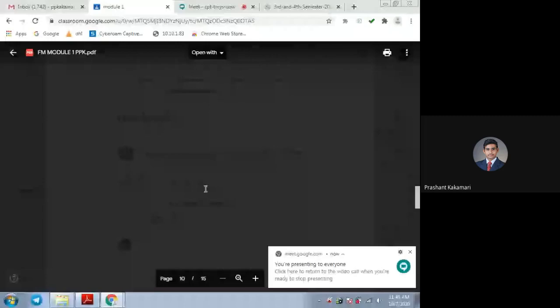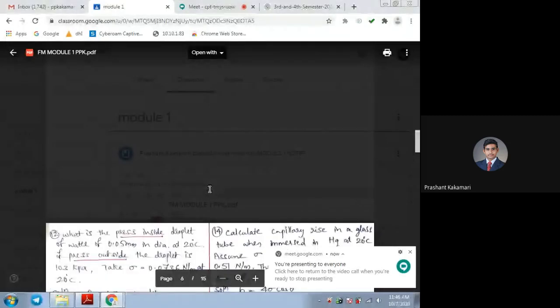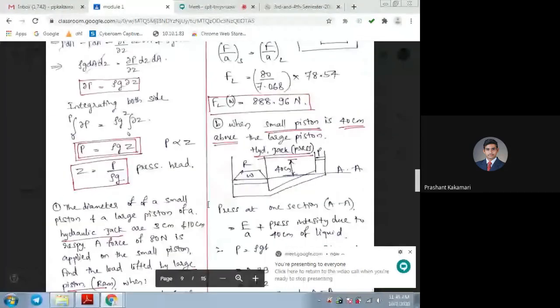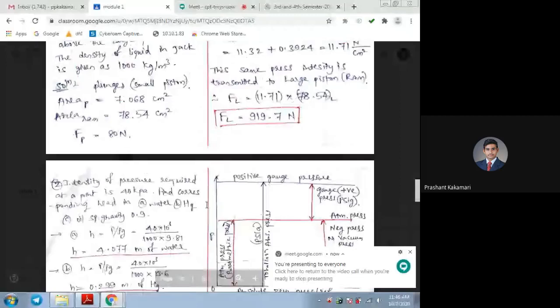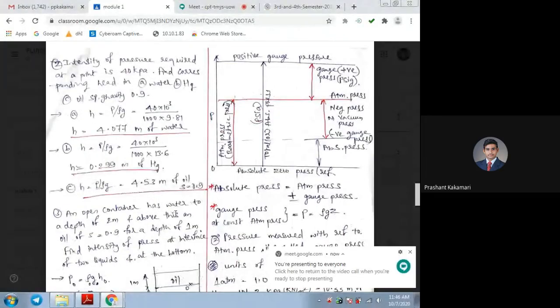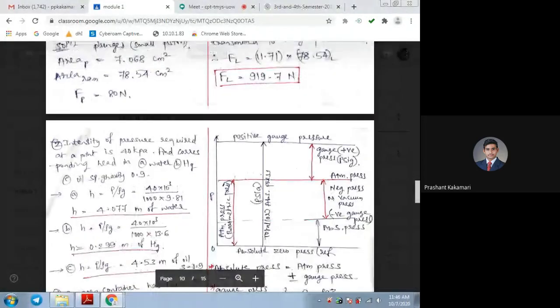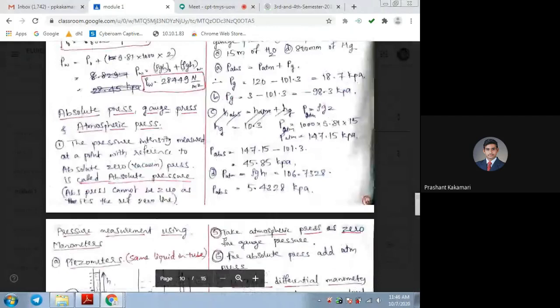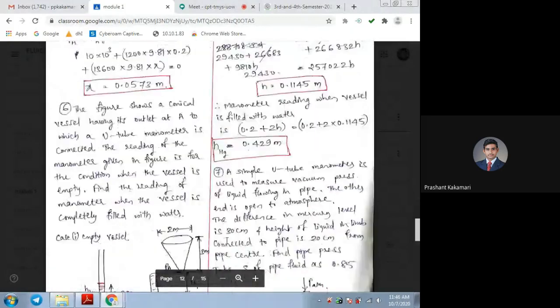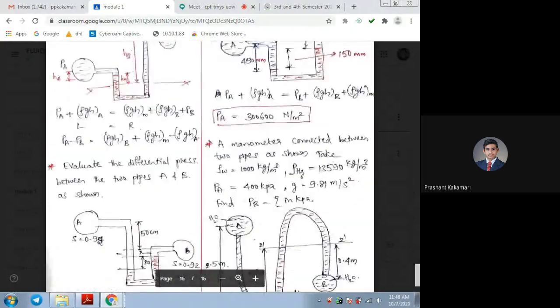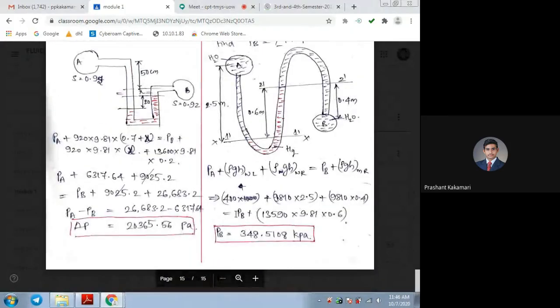Just observe. See here, this is the second chapter, pressure measurement. Only module 1 is written, and half of the second module is also there. See here, pressure measurement with respect to gauge pressure, atmospheric pressure, absolute pressure. This is there. Manometers are there. This is in the second chapter only, second unit. Okay, up to here it is there.